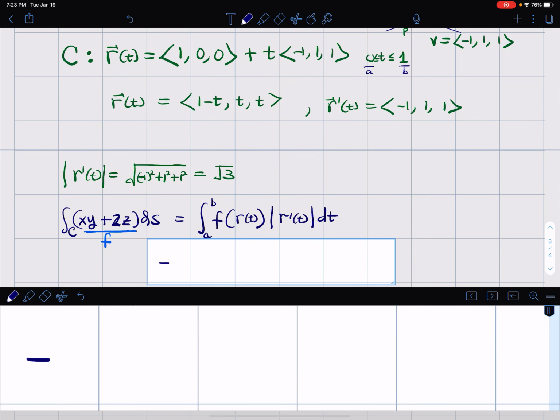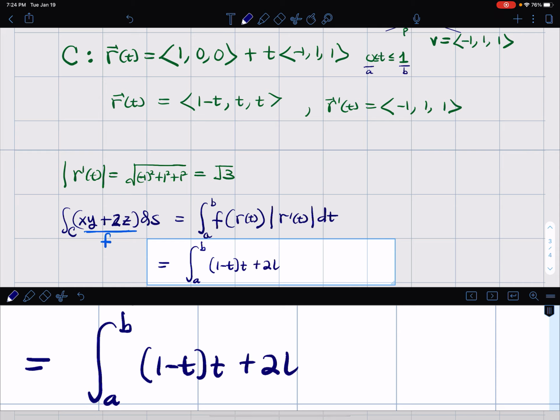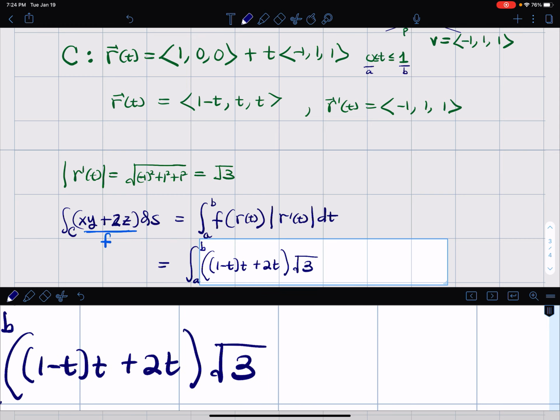So how does that go? From a to b, f of r of t is to plug in 1 minus t for x. So we have 1 minus t times y. y is t, times t plus 2t. That's what you get. Plus 2t. And then multiply it by square root of 3, and then dt.